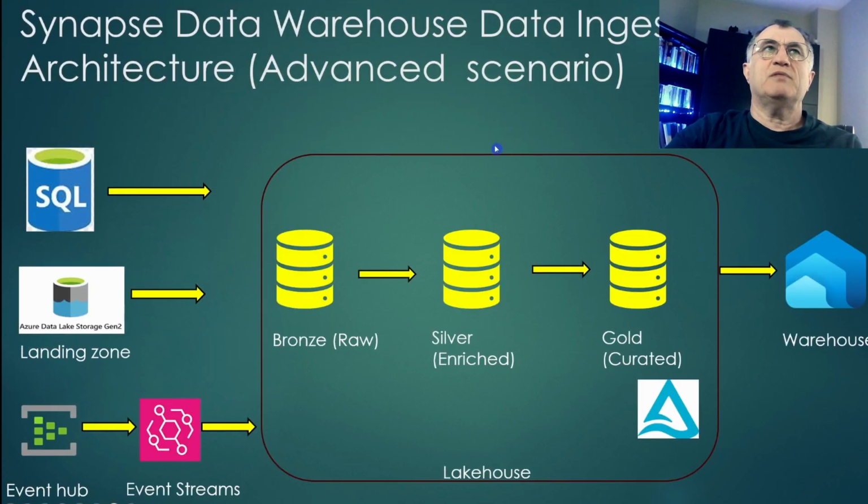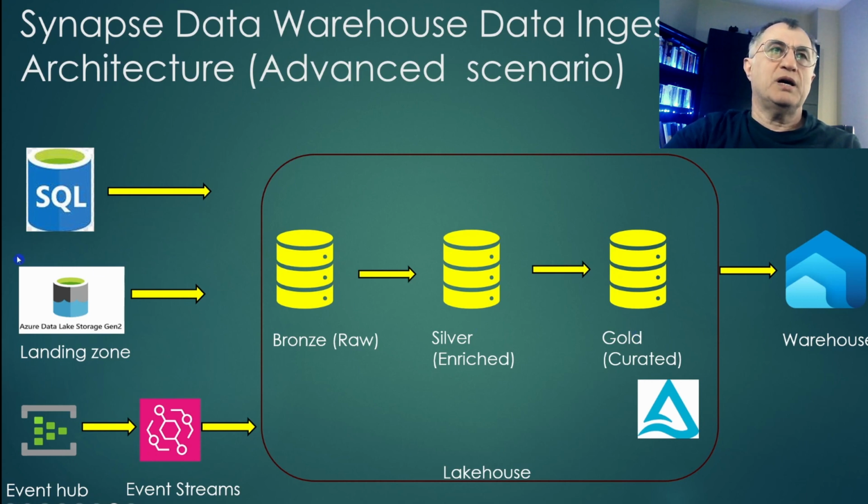And here we have another more advanced scenario. This scenario follows the medallion architecture that we discussed when we considered a lakehouse architecture. At the center of this are three medallion data zones: bronze, silver, and gold.